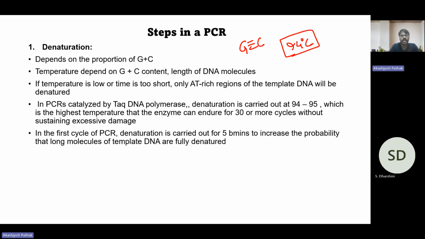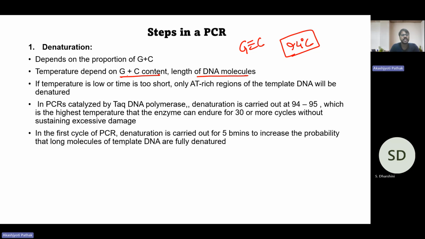It will also depend on the length of the DNA molecule. If the target DNA sequence is very large, then the denaturation temperature has to be increased, as well as the denaturation time.